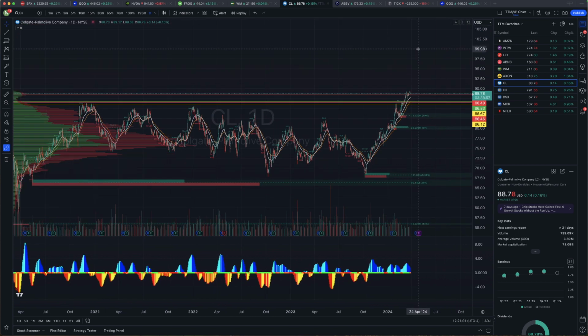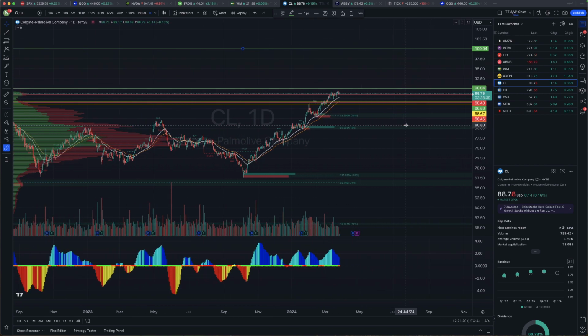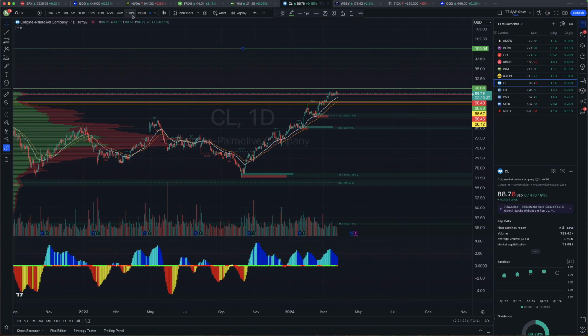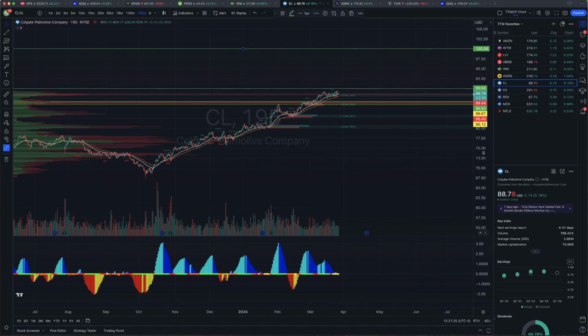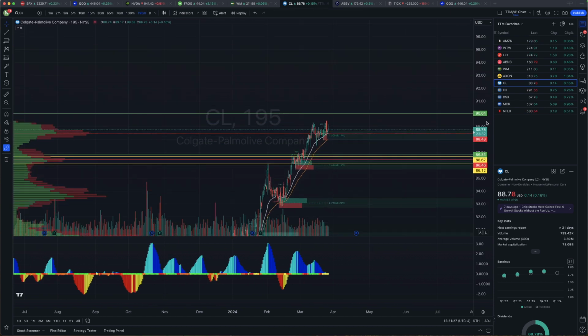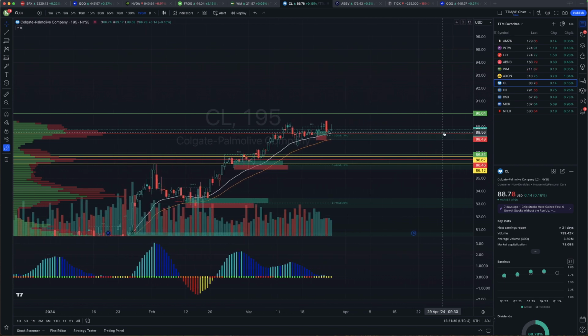It still has a ways to go, but this magnet of 100 just sits up there, as well as this magnet of 90. It doesn't have a long way to go to get to 90 though. But I like this chart, and a move right back into that 88.48 and a push up into 90 would be awesome.